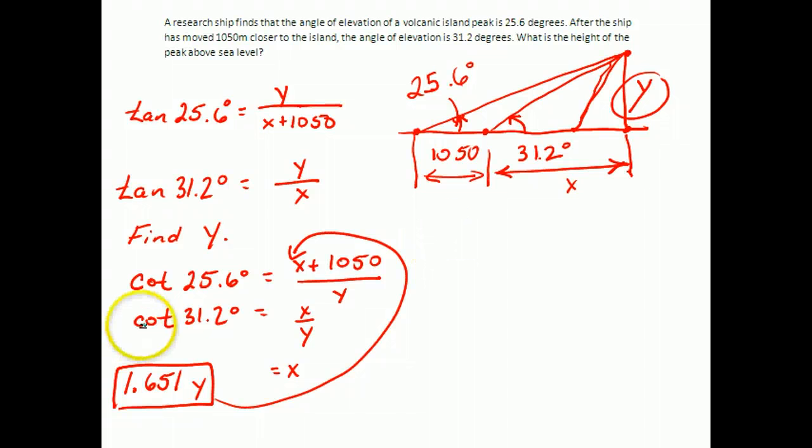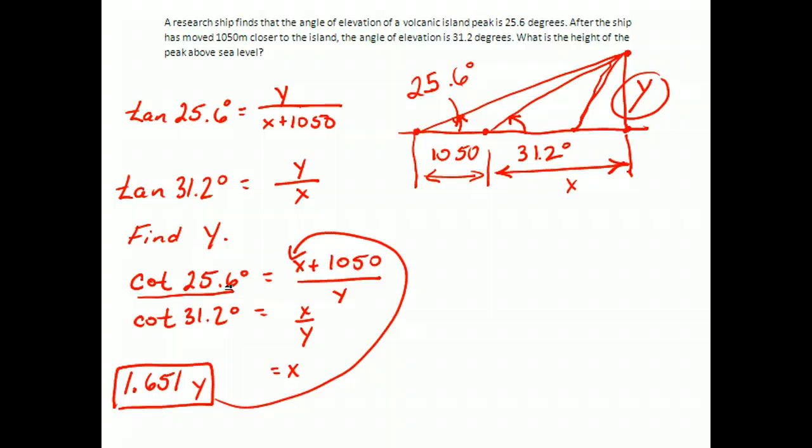So let's find the value of cotangent of 25.6 in the calculator. Make sure you have your calculator in degree mode here. We've been working in radians for the last couple of weeks, but we want degree mode here because that's what we're getting, degrees.